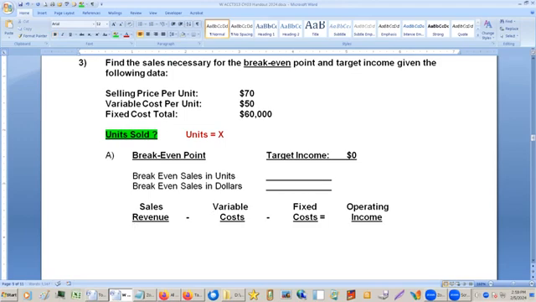Now we know that we're selling each of these for $70. We don't know how many units there are, so we'll just use X. And same thing with our variable costs. Our variable costs, we know that they're $50.